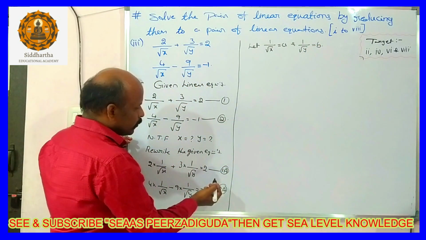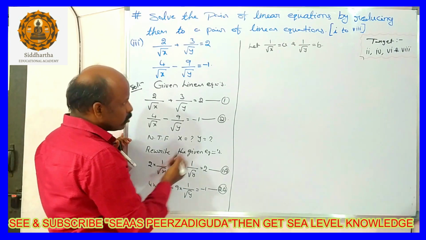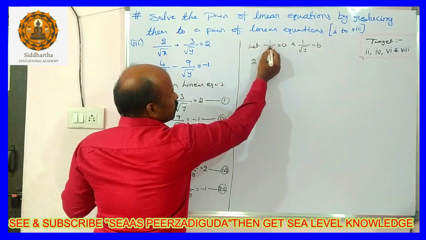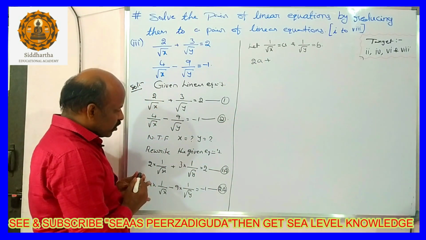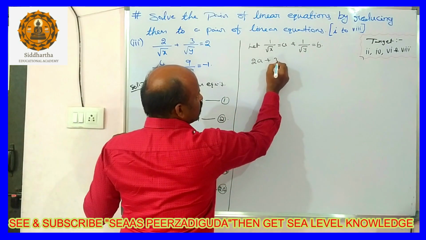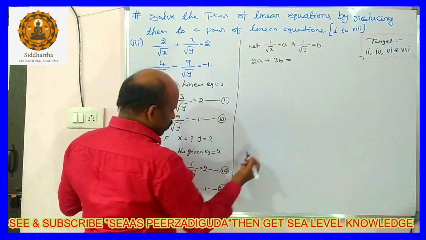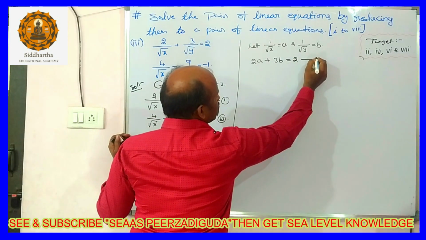That means these two values I am going to substitute in 1a and 2a equations. 2, 1 by root x means a, I am writing, plus 3 into 1 by root y means b, 3b is equal to, what is the value? 2 over here. This one I am going to take as equation number 3.